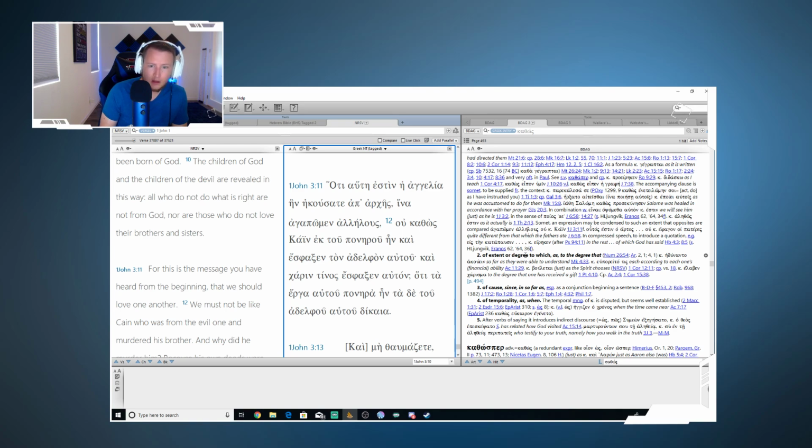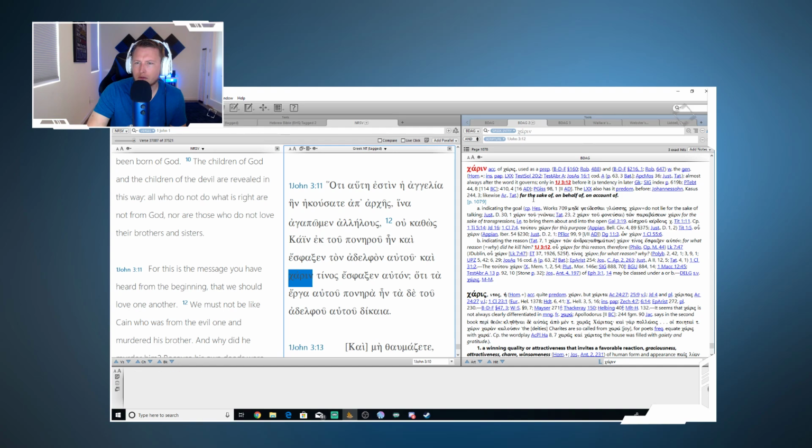Semicolon. And charin tinos esphaxen auton. Now we've got a question. For the sake of, on behalf of, on account of, indicating the reason. So, and for what reason, tinos?